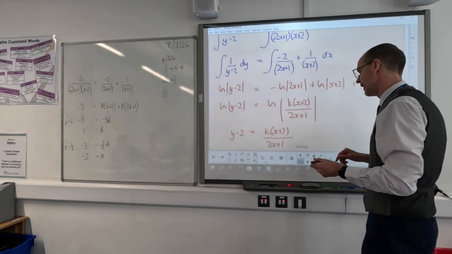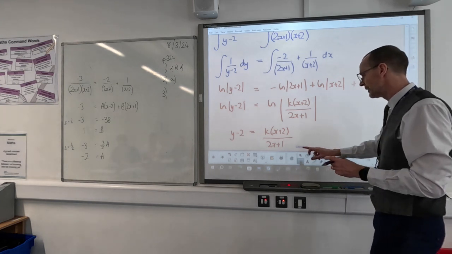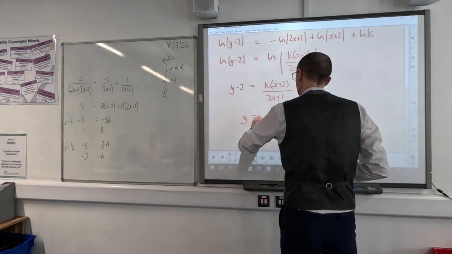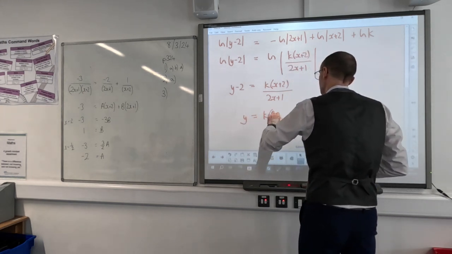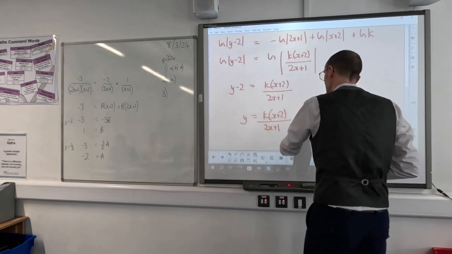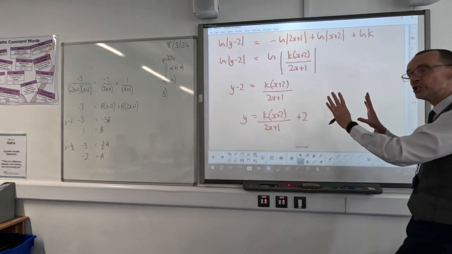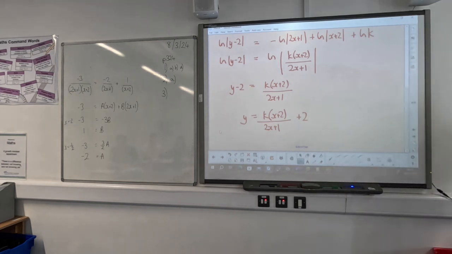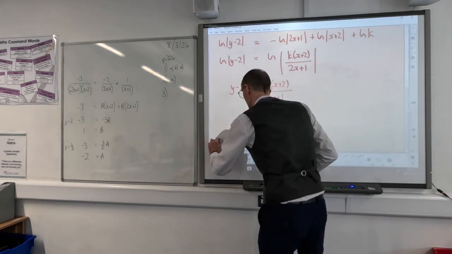Right, okay. So at this point, now I'm going to write it like this. General solution. At this point in the question it says, by the way, when x equals 1, y equals 4.